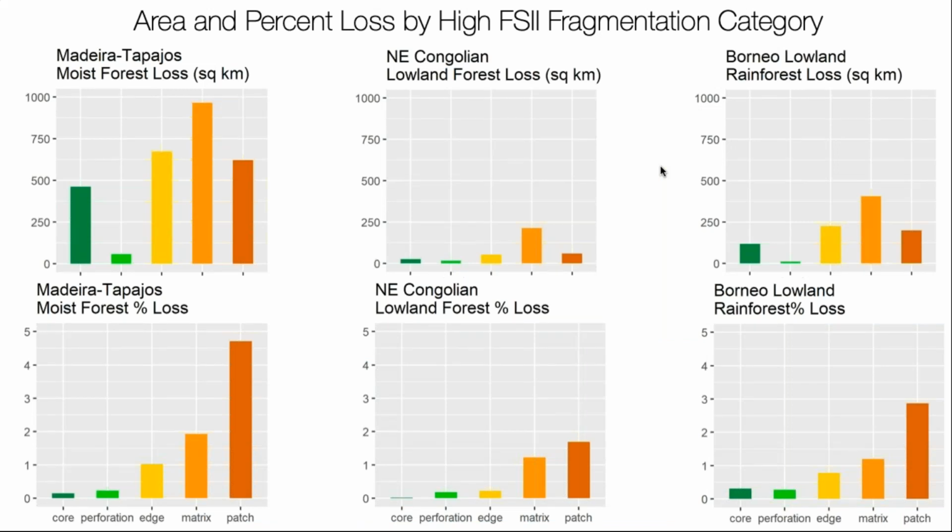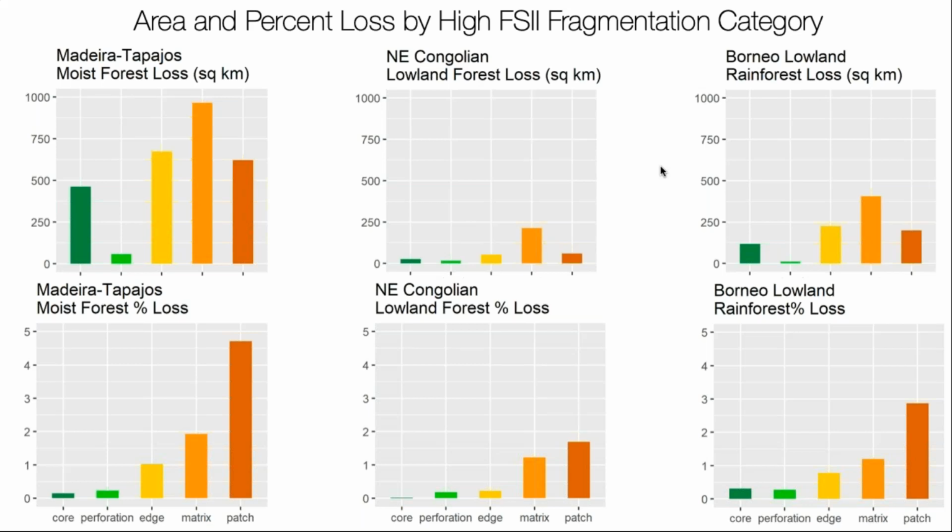Thank you. And so these are graphs showing a couple of the quantities that I mentioned before. So the top row shows the amount of each fragmentation class that was deforested between 2013 and 2018 in each of those 3 ecoregions.